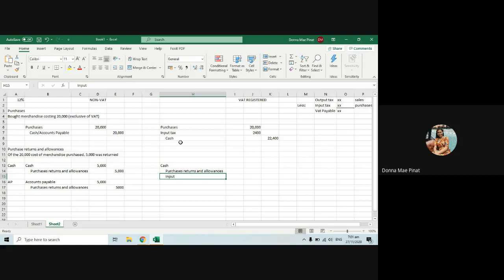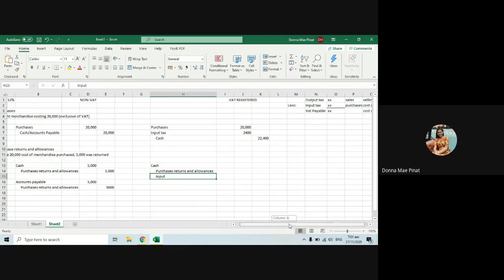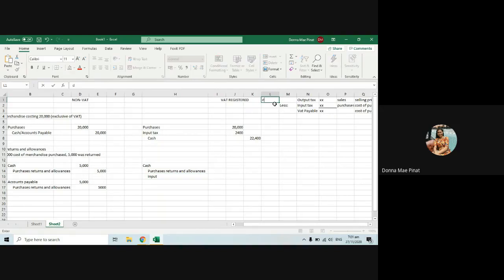The normal balance of input tax is debit, so we take it out. Output tax is credited because it's for your sales. If it's sales, it goes here; if it's purchases, input tax goes here.